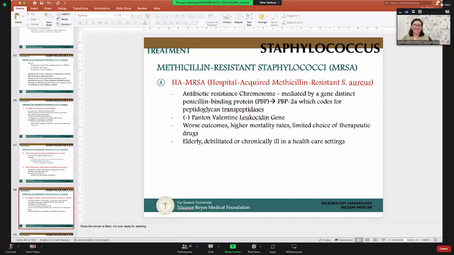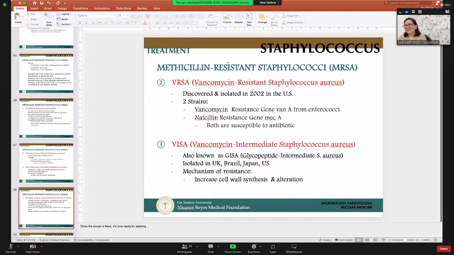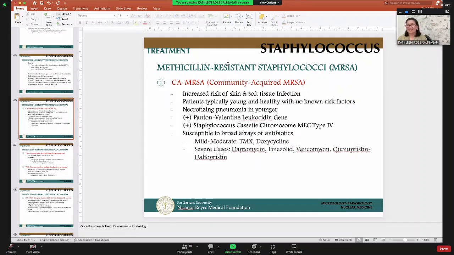Okay, let's just move forward. Just remember community-acquired methicillin resistance. So again, at this level, it's enough that you know that there are different forms in which methicillin-resistant staph can occur.